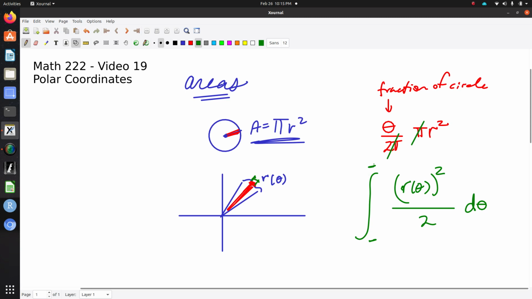So that's what we're going to look to do. And let's go ahead and make up an example.